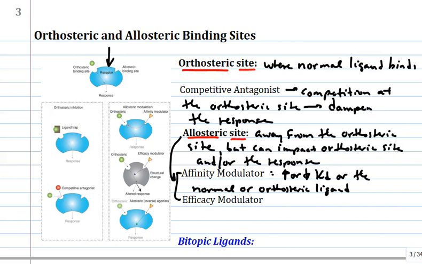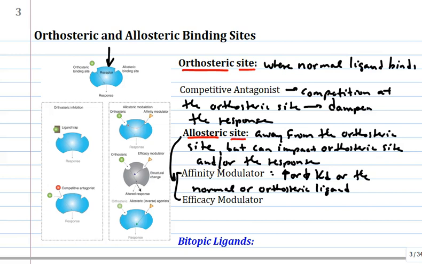But what is an efficacy modulator? An efficacy modulator binds to an allosteric site. It does not change the binding affinity of the orthosteric ligand at all, but it does modulate the response of the receptor.